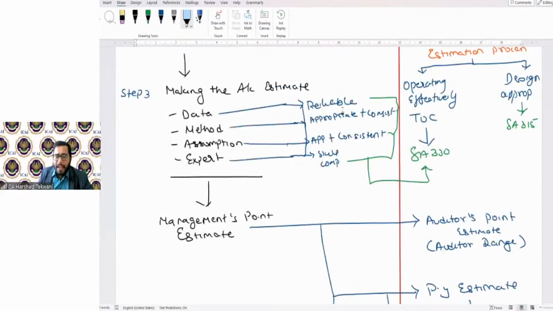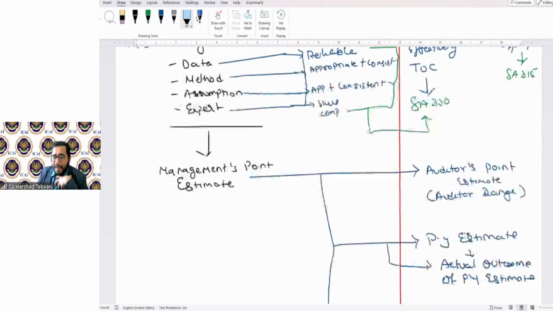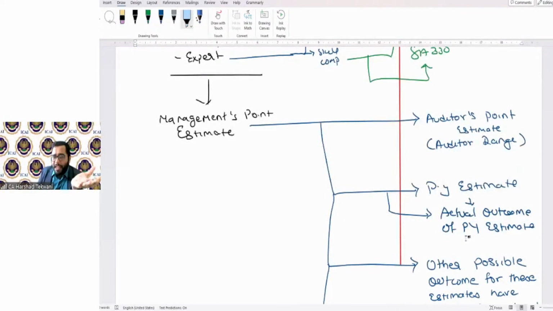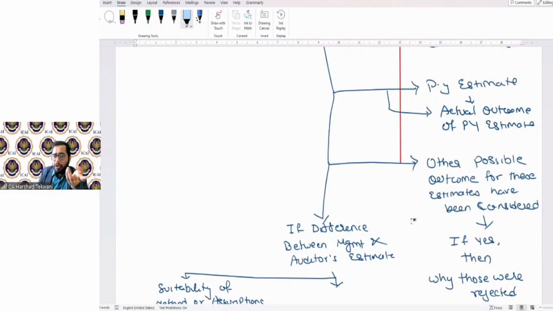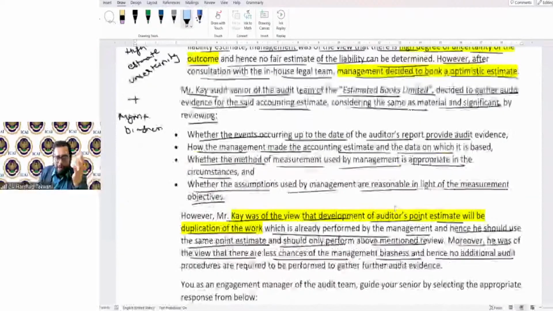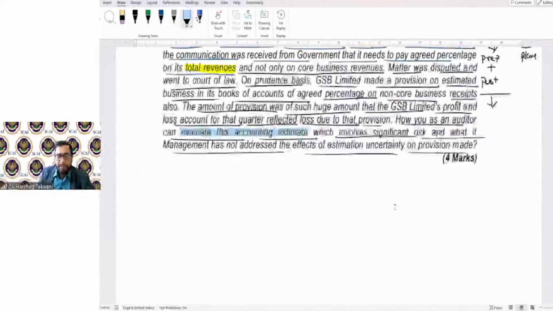We need to consider the reliability of the data, appropriateness and consistency of the data, appropriateness and consistency of the assumptions, skill and competence of the expert who has made the estimate. We need to develop our own point estimate. We need to compare with the previous year actual outcome and the estimate. If we have the data, then we can compare the current year outcome also. So all these things. Let's go to the answer.